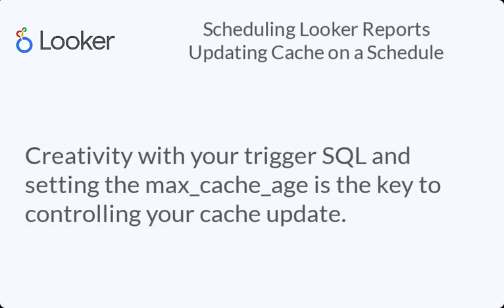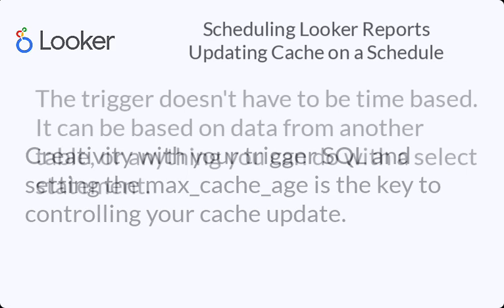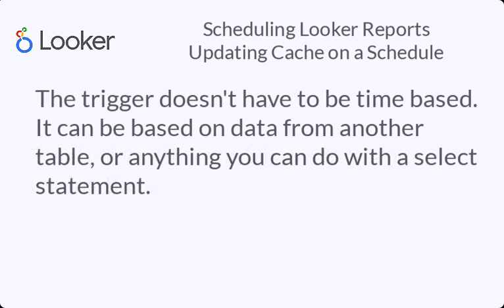So now that you know how to set this up and control it, you can see that the ways that you can control this are limited only by the creativity of your trigger SQL and setting the max cache age, right? Those are the keys. And it doesn't have to be that your SQL statement is a time value or a day value or an hour value.